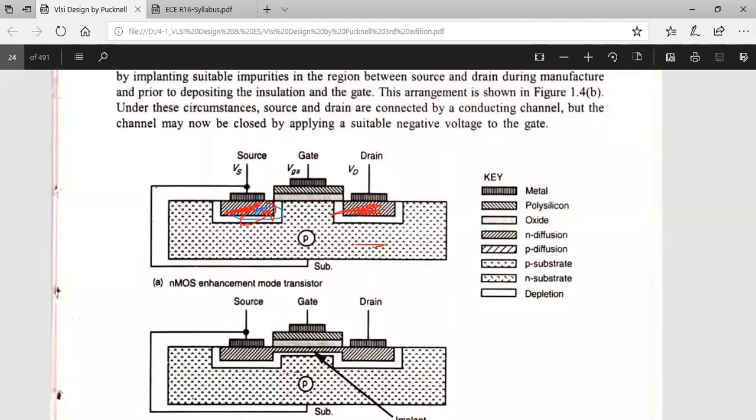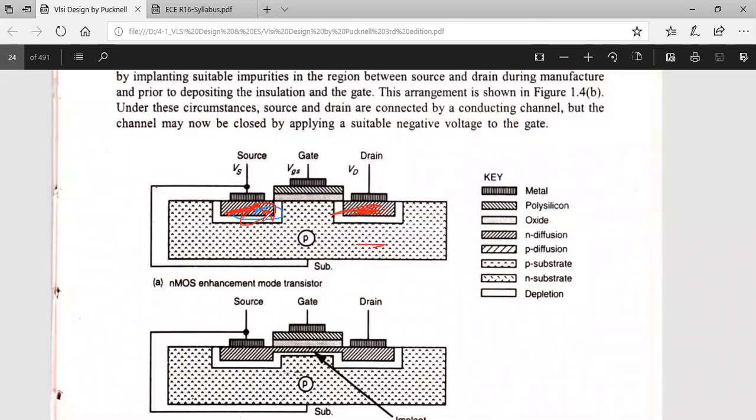Within the substrate, I am going to form N plus source and N plus drain. This will be done with the help of the diffusion process.